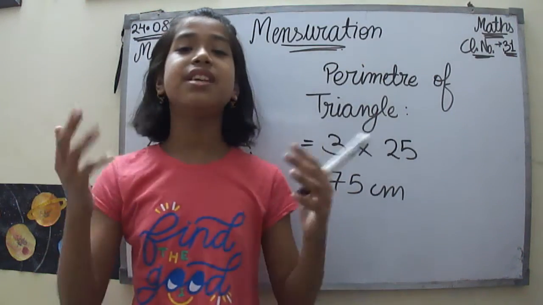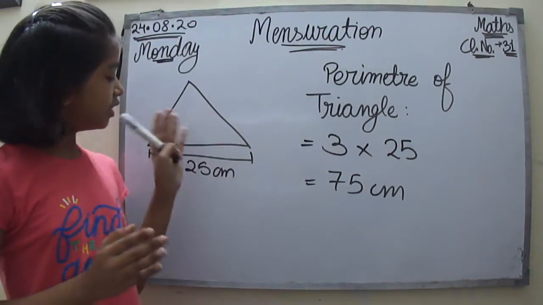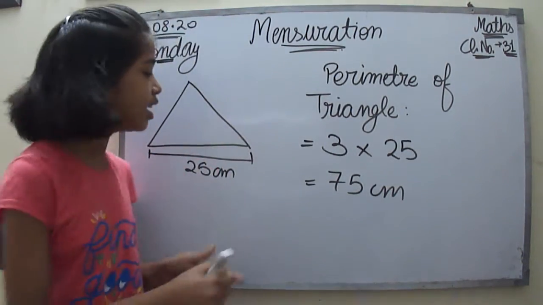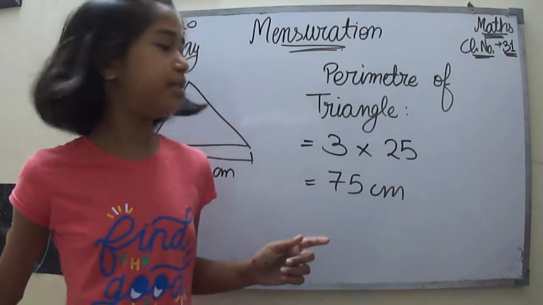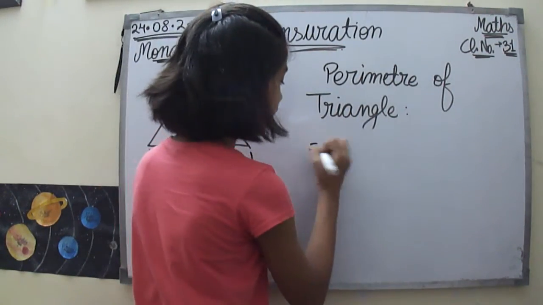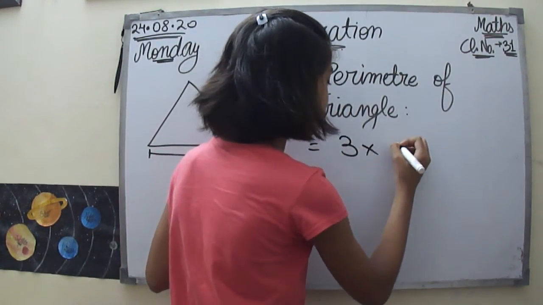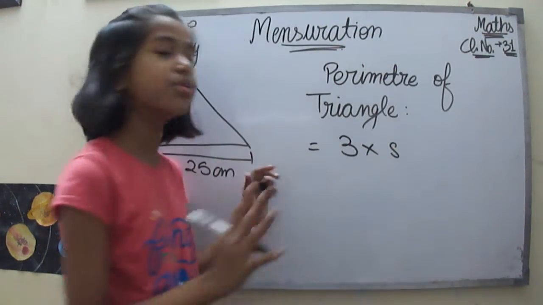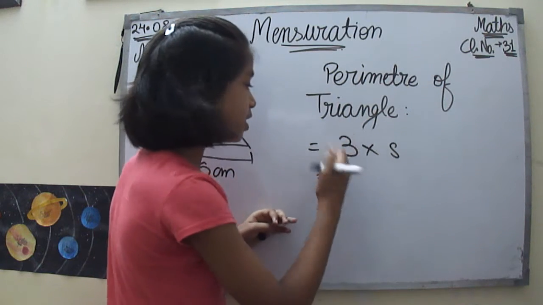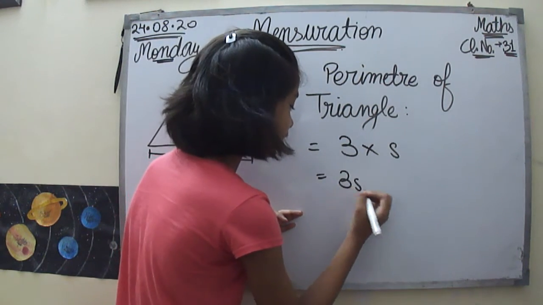So this is the formula of the equilateral triangle. The formula is 3 into s, or you can use any other variable also. So we learned that we can represent this as 3s.